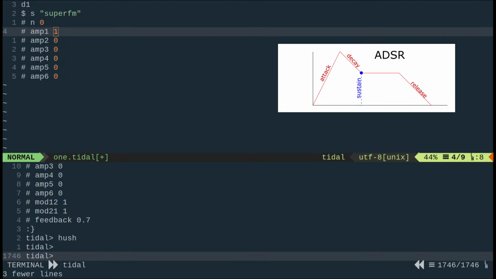If it was a keyboard, you'd be pressing the key at the beginning of the attack and releasing it at the beginning of release. So when you press the key, it goes all the way to the peak, then it decays, and it stays in the sustained level as long as you have the key pressed. Once you release it, it starts to fade away, and that's the release time, the time it takes from when you release it until it fades away, until you can stop hearing the sound.